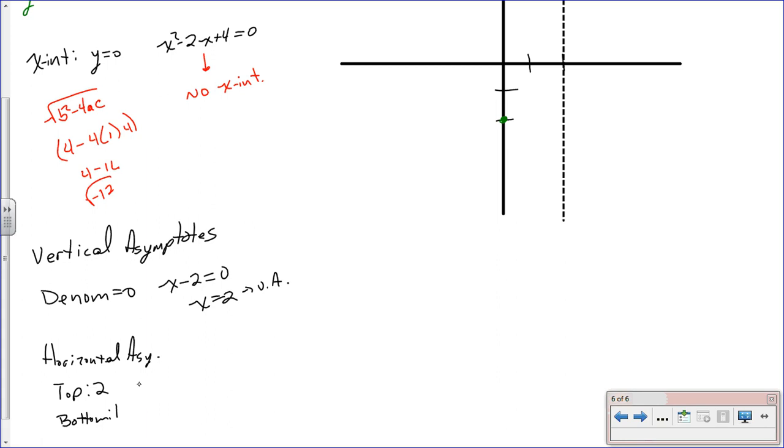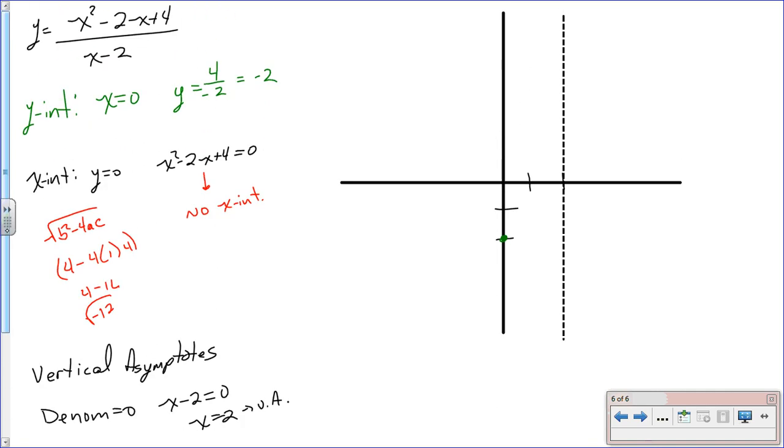Since the top is greater than the bottom, no horizontal asymptote. So we do not have a horizontal asymptote. So not only does this function never cross the x-axis, it does not have a horizontal asymptote either.